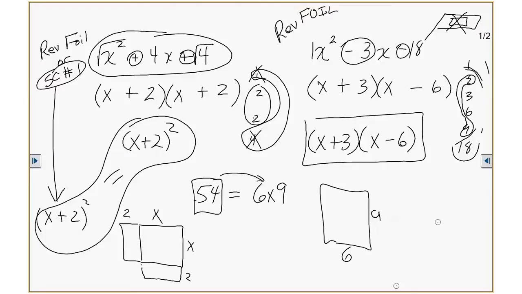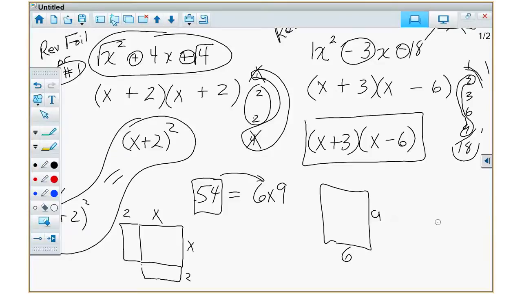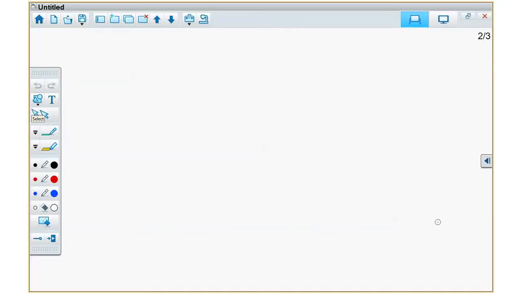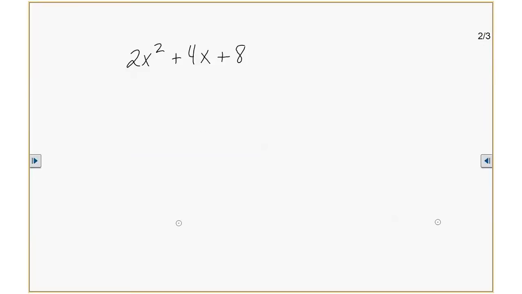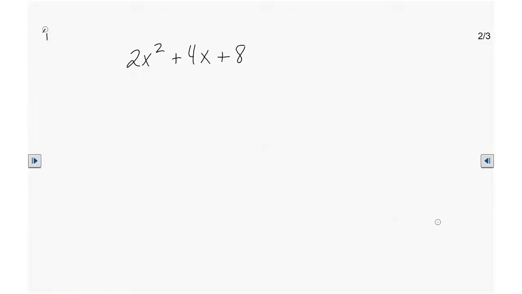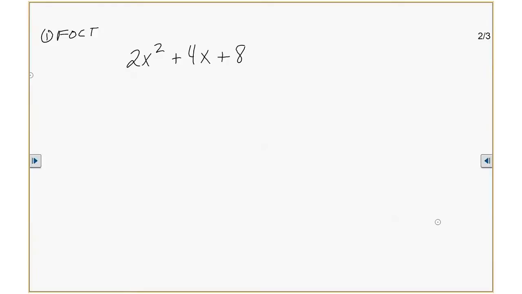Now, you can go with a bigger type of problem, something like 2x squared plus 4x plus 8. Now, when you see one like this, there's two options, or 3 options. 1, do not pronounce this, but FOCT: factor out a common what?